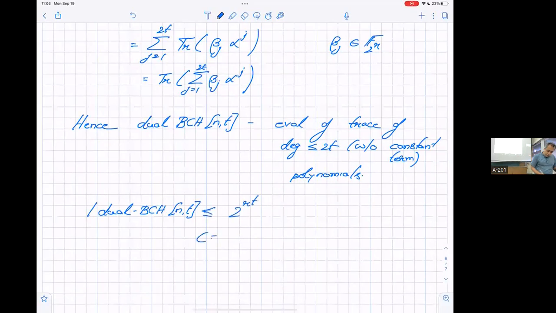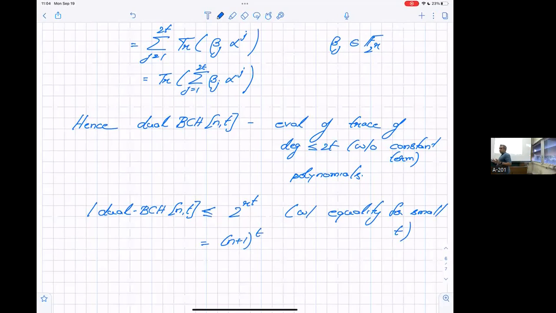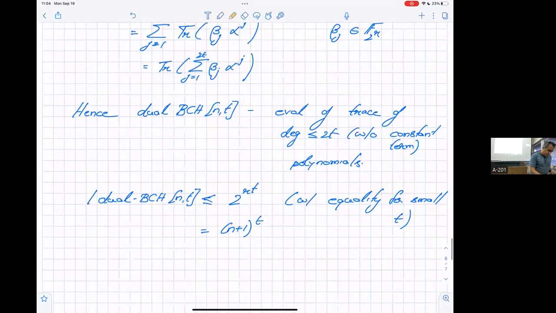These are things which I will not prove. So this is roughly like n plus 1 to the power t. So you have so many codewords in the dual BCH code. This is something I will not do.